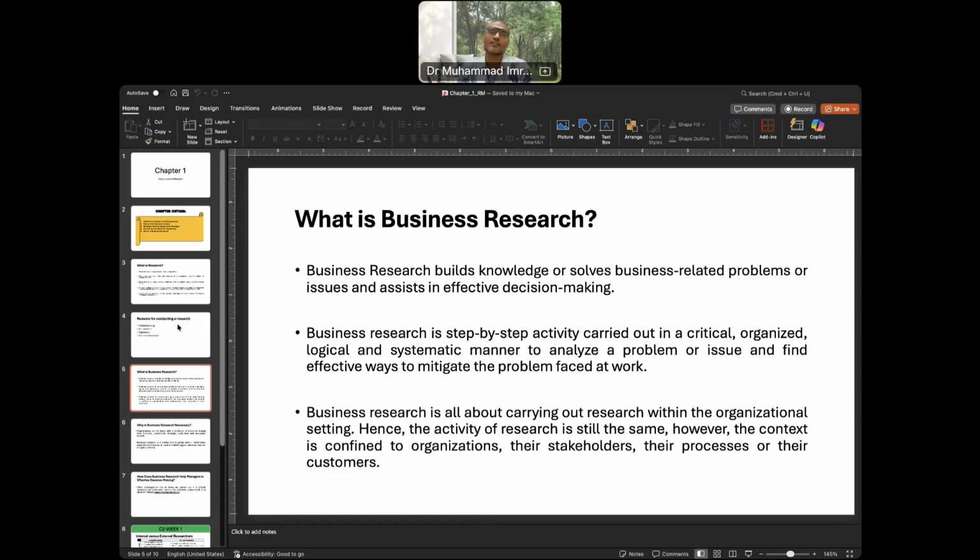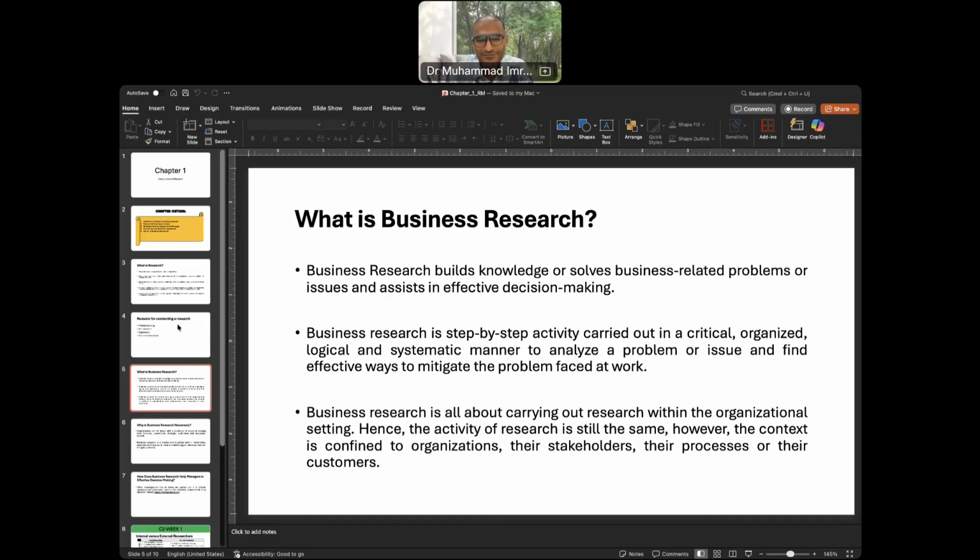Yeah, these are all part of the organization, by the way, or part of the business. All stakeholders are part of the business. Hope you understand what stakeholders are. Hope you know the definition of stakeholders.